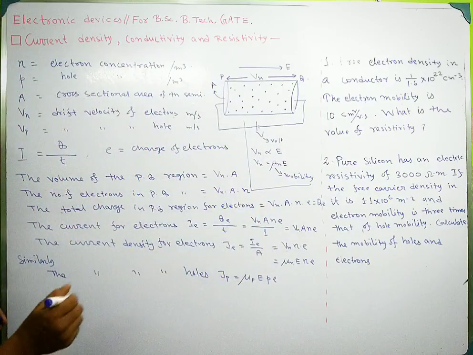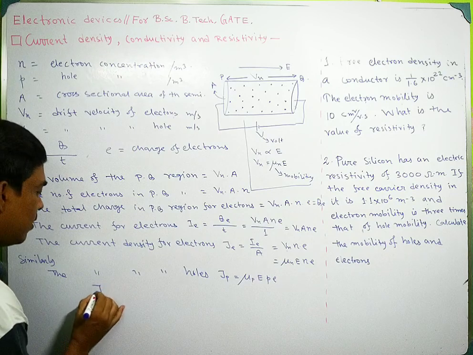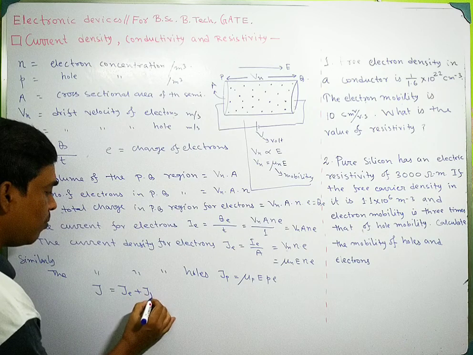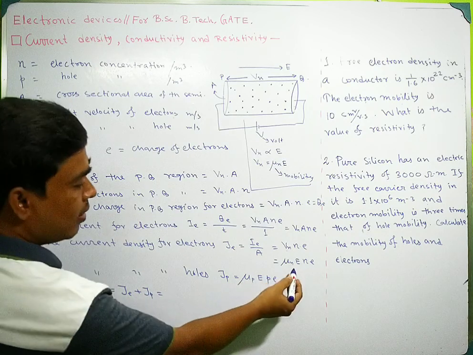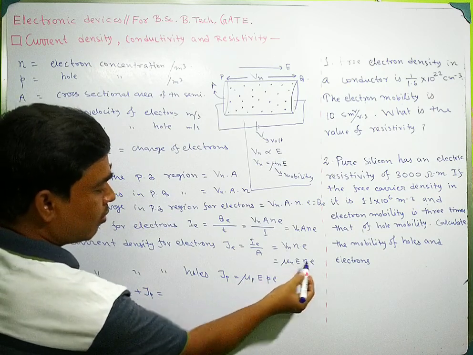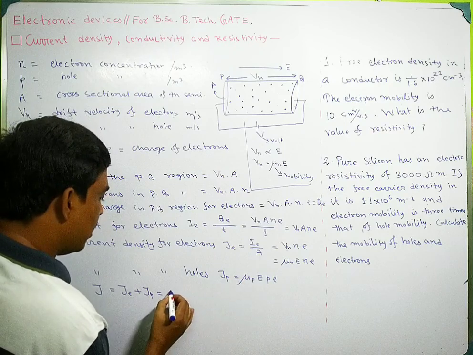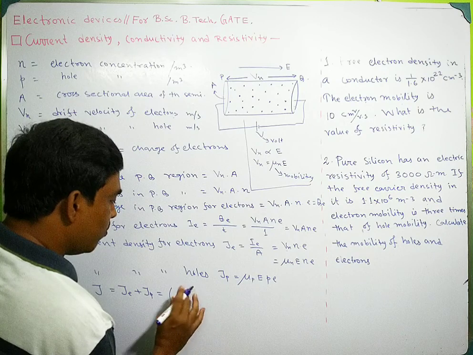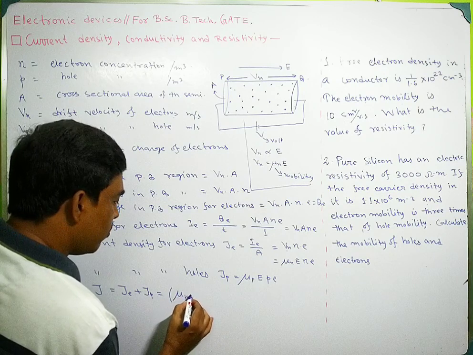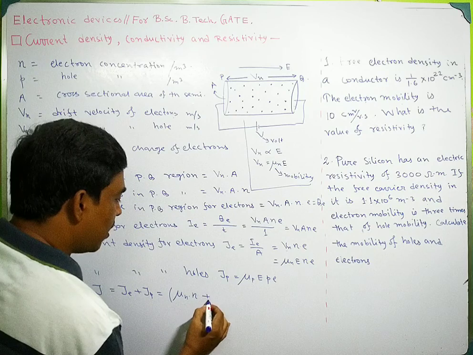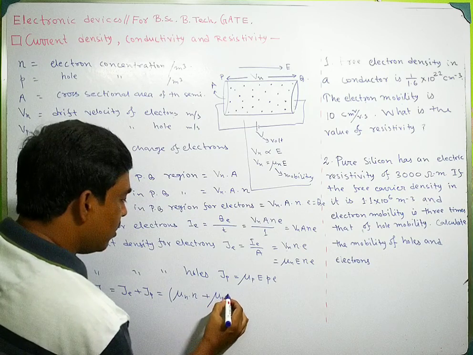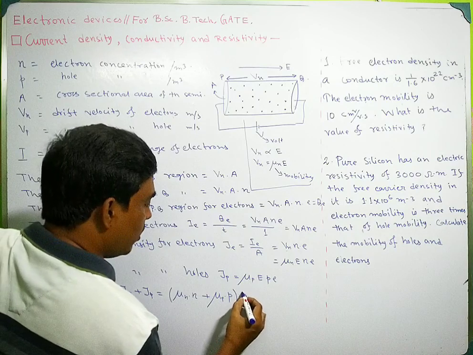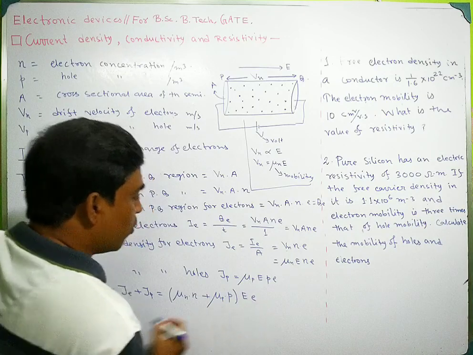That's why we can say that the total current density in semiconductor can be written as Je plus Jp, which is given by, E is common, so you can write (mu n into n plus mu p into p) into E into small e.